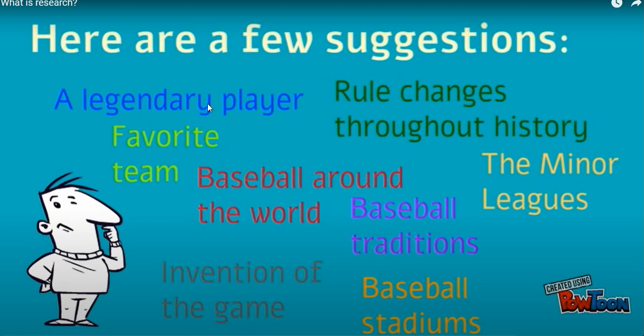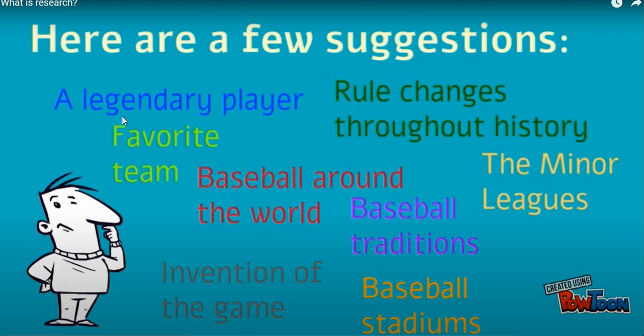You may study about the legendary player, so it's baseball, but they focus on the player. Or maybe it's related to the team only. You cannot do everything. Research is not about solving world problems. So you need to have a specific topic so that your research will be focused.